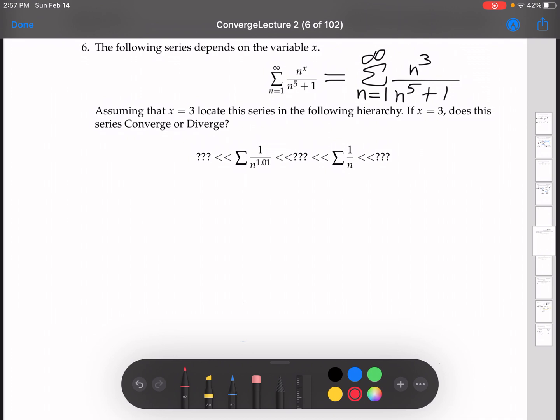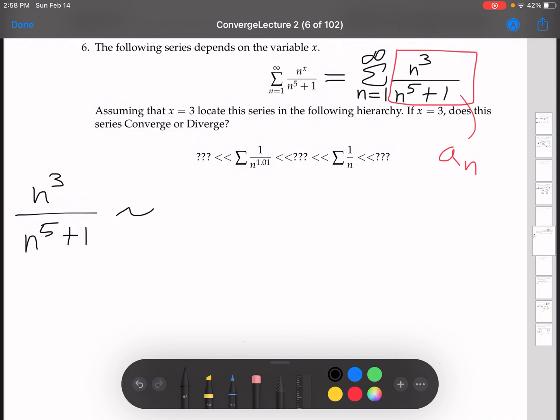So we just look at the rule a_n. So over here, I'll just put n cubed over n to the 5th plus 1, and we'll pull off the dominant terms.